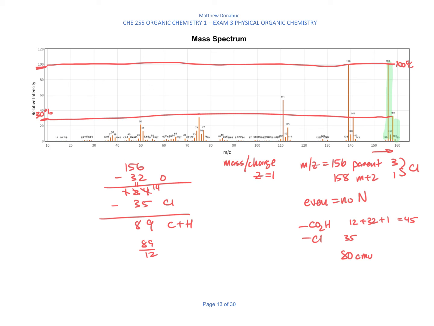And so if you take 12 times 8, just do it in your head real quick, that's at least 80. And then you add the other hydrogens, so 12 times 8, what do we need, 16, so that's like 96.